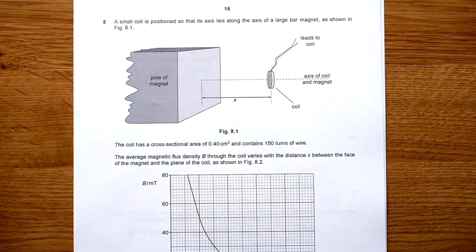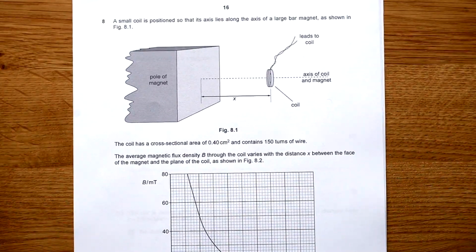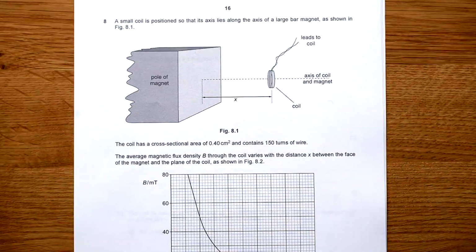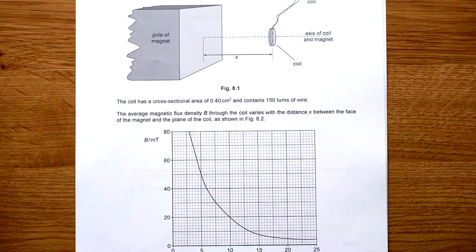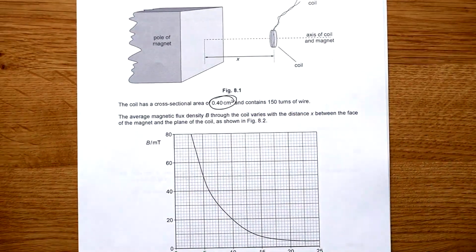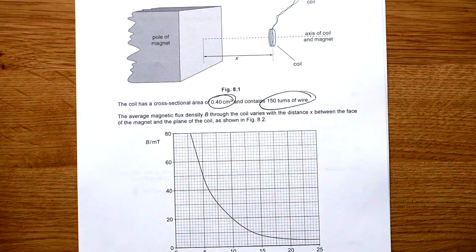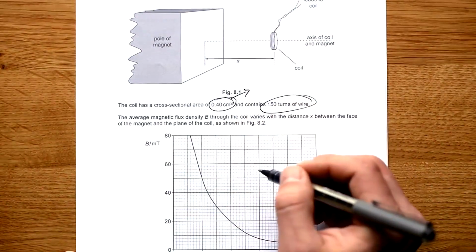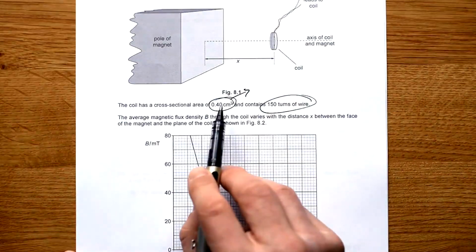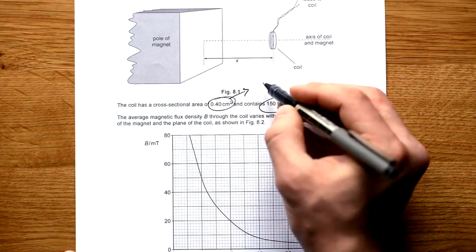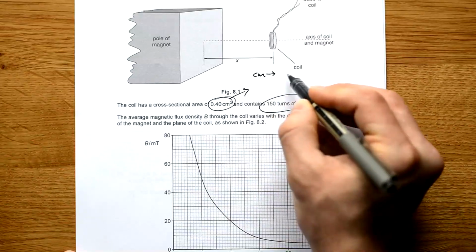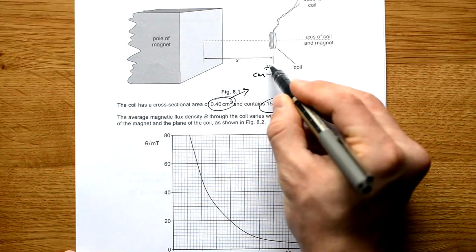Question 8, all to do with magnetic fields. A small coil is positioned so its axis lies along the axis of a large bar magnet. Don't really care. We have a cross-sectional area of 0.40 centimeters squared and 150 turns of wire. We may as well convert this now because we know we're going to have to do this eventually anyway. Centimeters going into meters means dividing by 100.